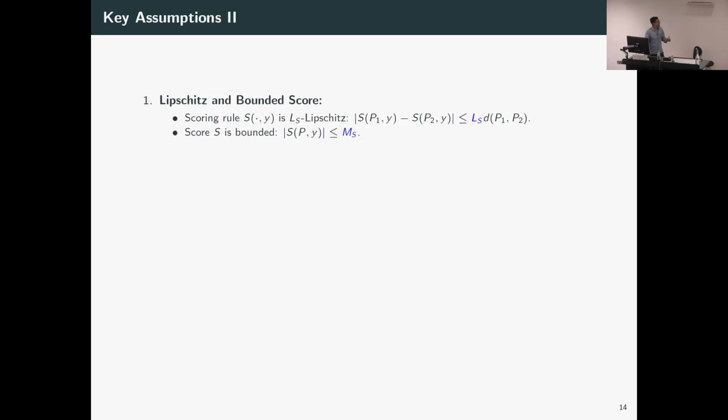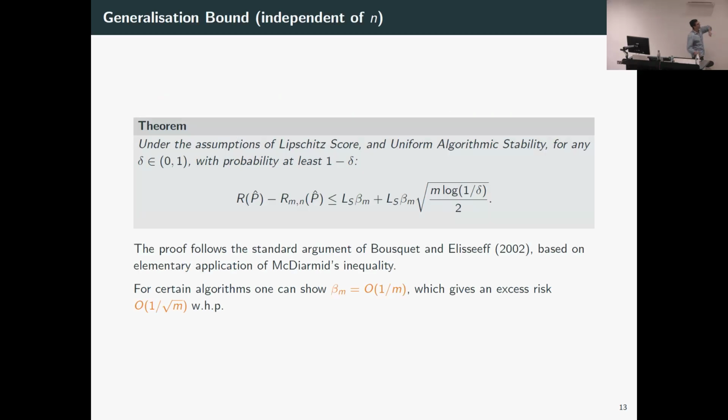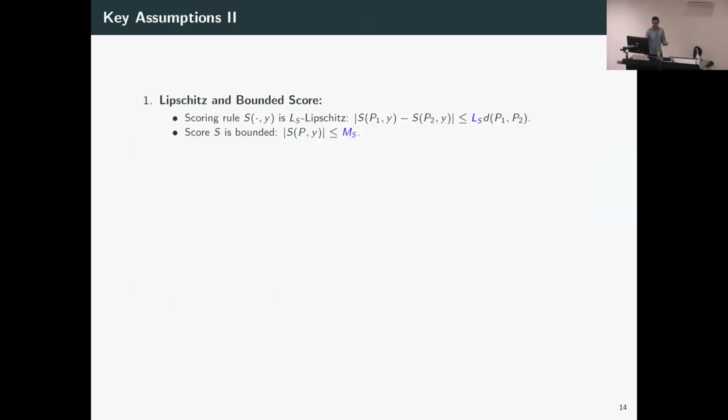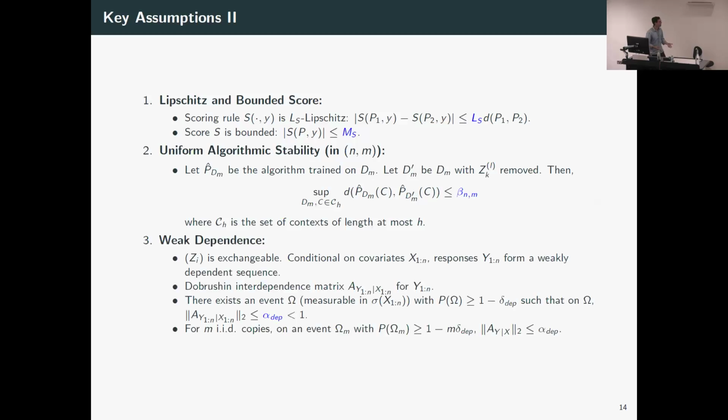Now the problem is this is a bound that only depends on m, the number of sequences. I want a bound that also depends on the length of each sequence. In order to obtain that, we need to make more complicated assumptions. I'm now going to assume that the score is bounded by some constant, which you can assume in some cases.